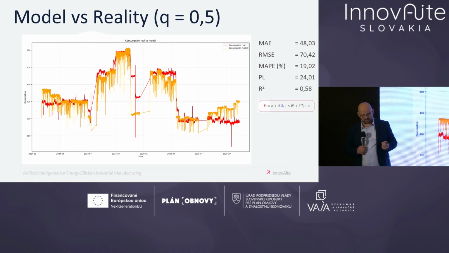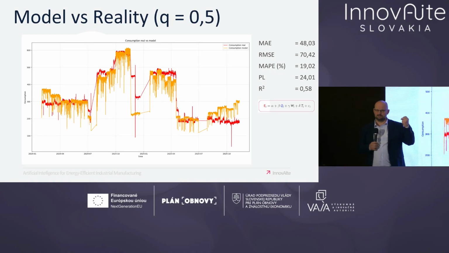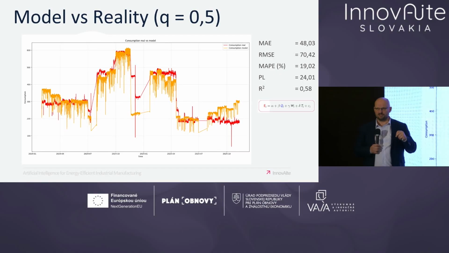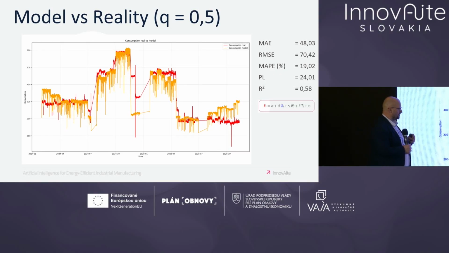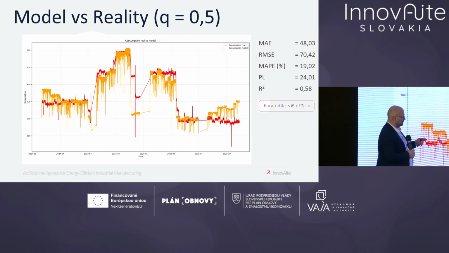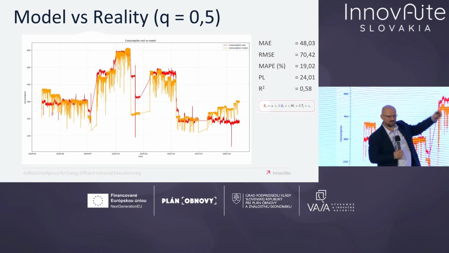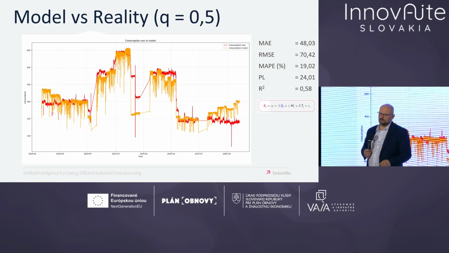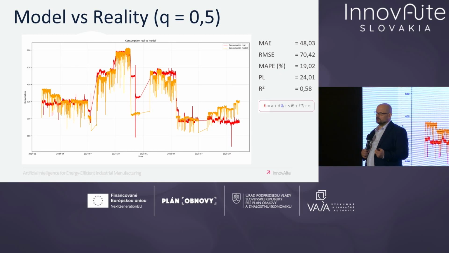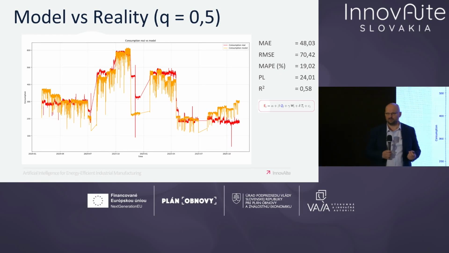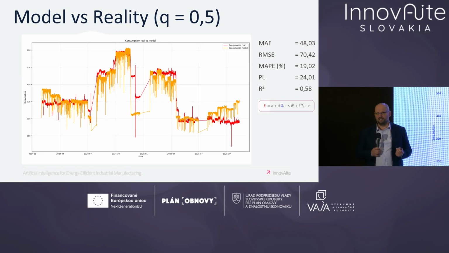Because it's an optimization task, we're able, in many cases, to really minimize the epsilon. So in many cases, we are able to come up with a model that will copy the actual consumption. But in this case, it's counterproductive.